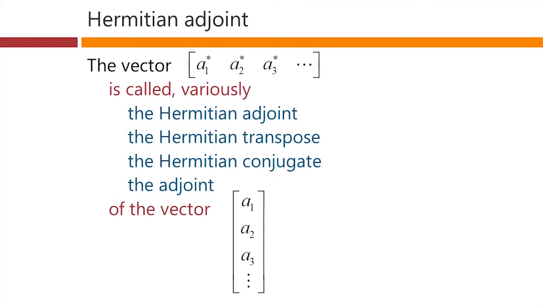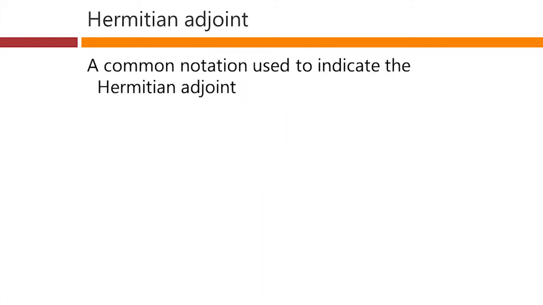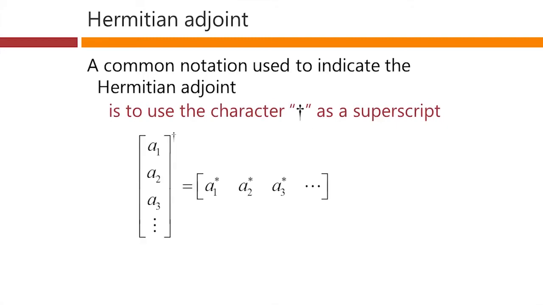So this row vector here with the complex conjugated elements is the Hermitian adjoint of this column vector with the non-complex conjugated elements in it. And a common notation used to indicate the Hermitian adjoint, rather than always having to write out the rows and the columns and the complex conjugates, is to use this character, a dagger, as a superscript. So we could say that the Hermitian adjoint of this column vector is this row vector with the complex conjugated elements in it.